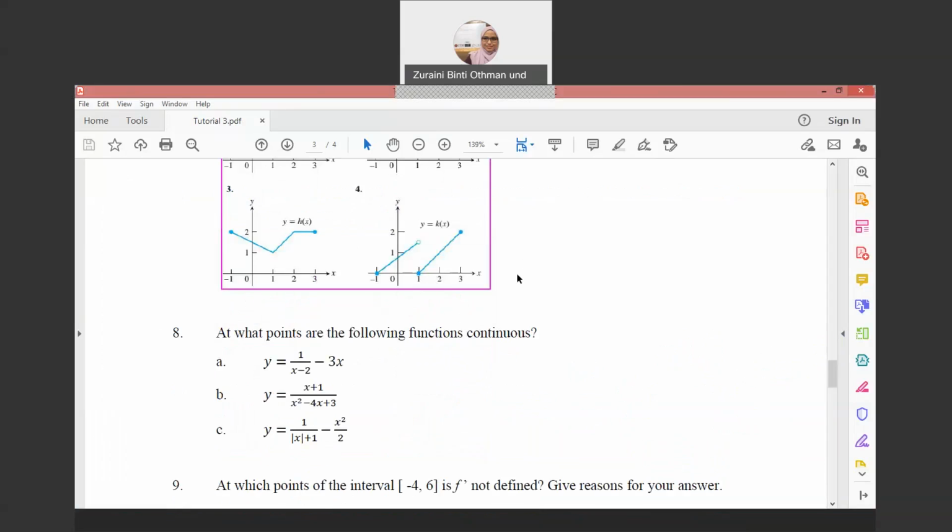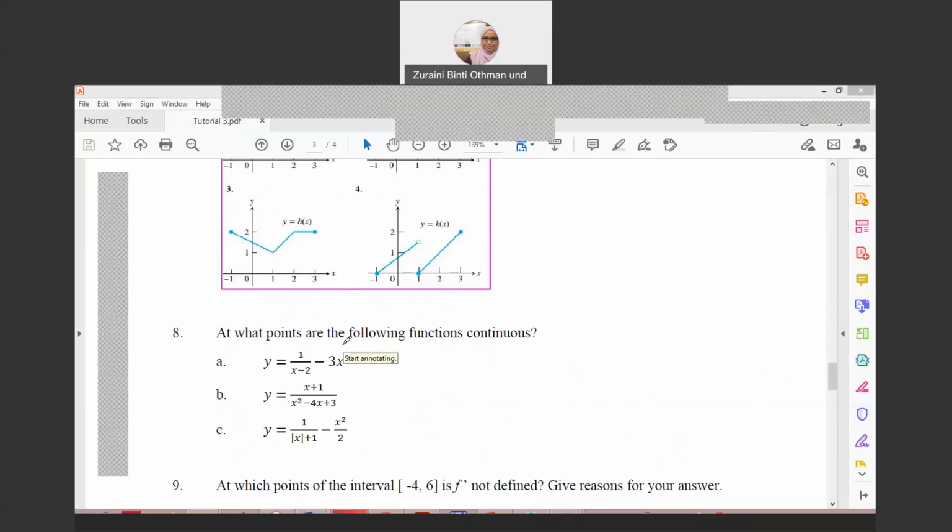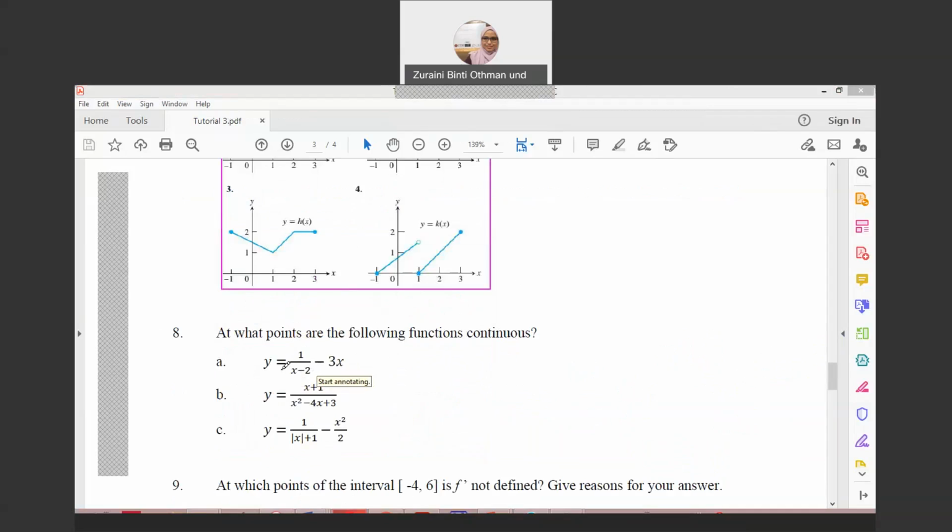And for number 8, at what point are the following functions continuous? Okay, for this continuity, actually it brings to the domain properties, which is, we know that here x is undefined, which is there is no value of x when x is equal to 2.